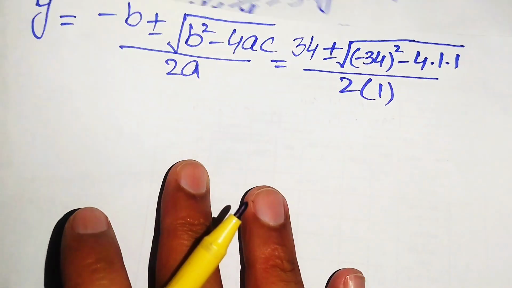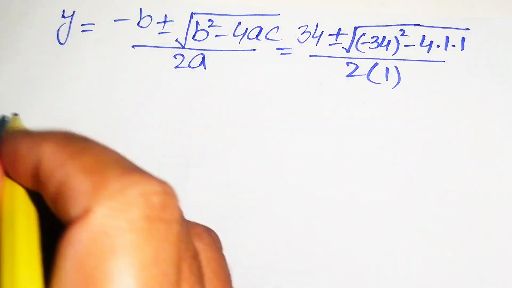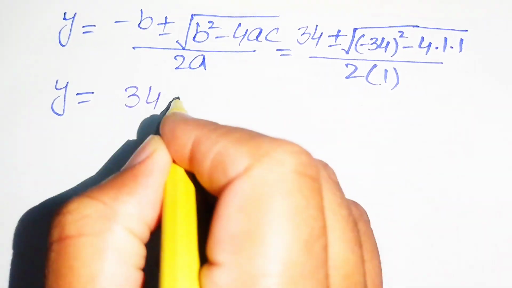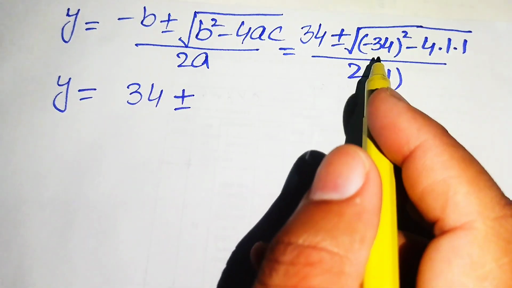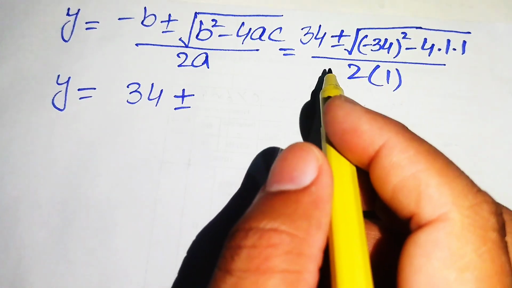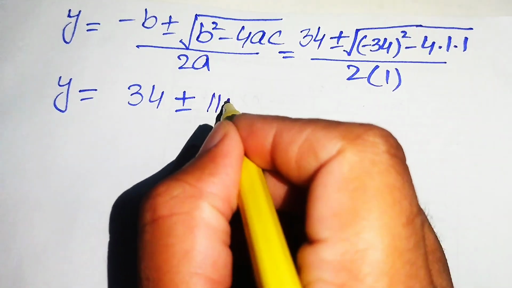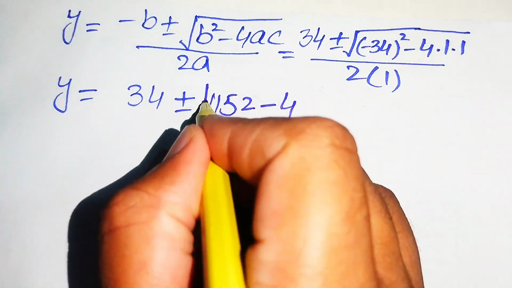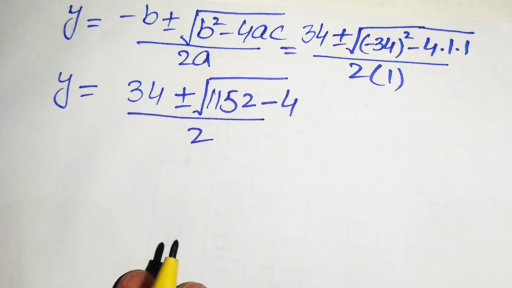So here we need some simplification in order to solve this problem. We have y equals 34 plus minus, we know that the square of minus 34 is 1156, minus 4, and its whole square root, divided by 2.